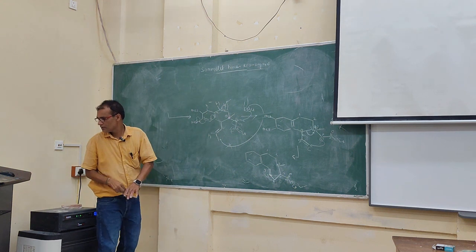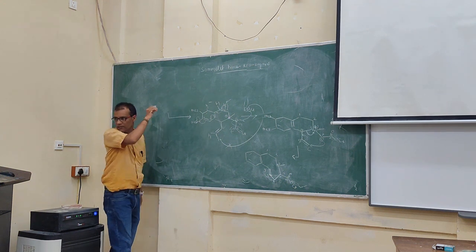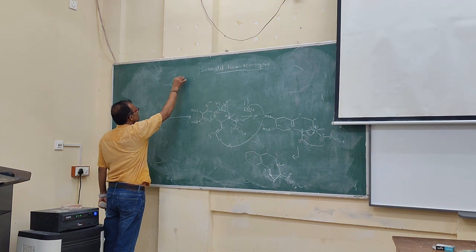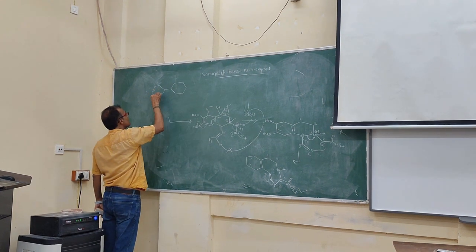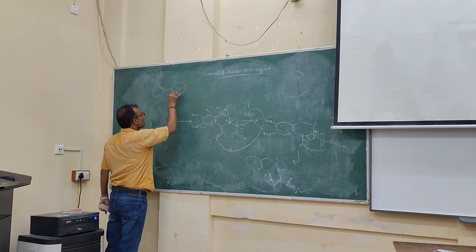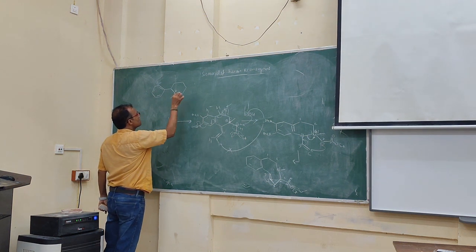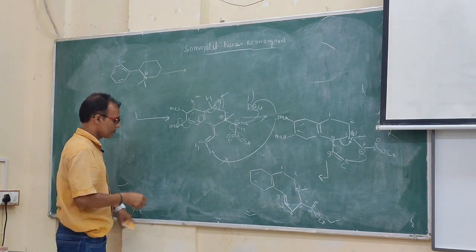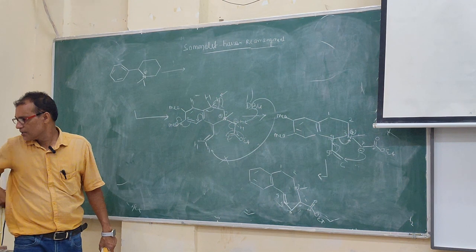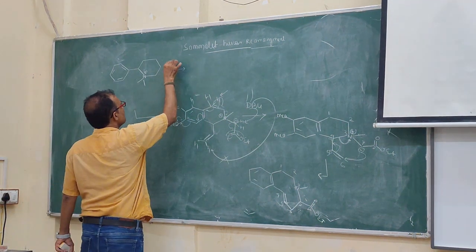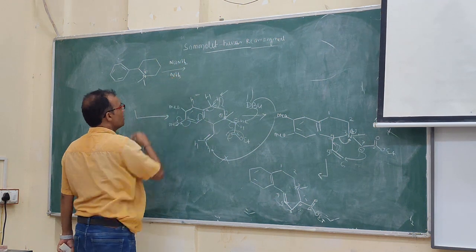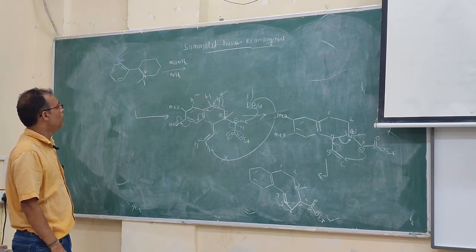You have this. You have N plus this. We are giving sodamide and ammonia. So what will happen?